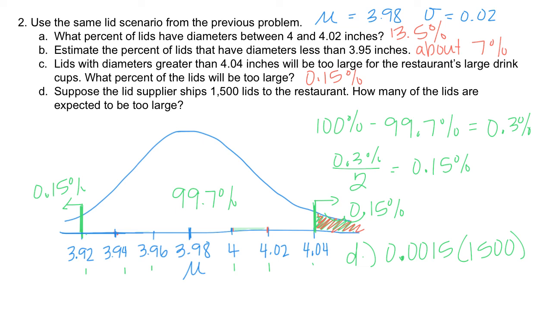That works out to be 2.25. But we want the number of lids, so I'm just going to round that to about 2. About 2 lids would be the number out of those 1,500 that are expected to be too large.